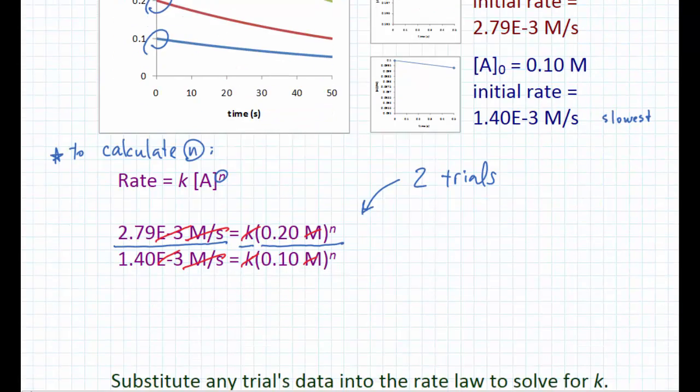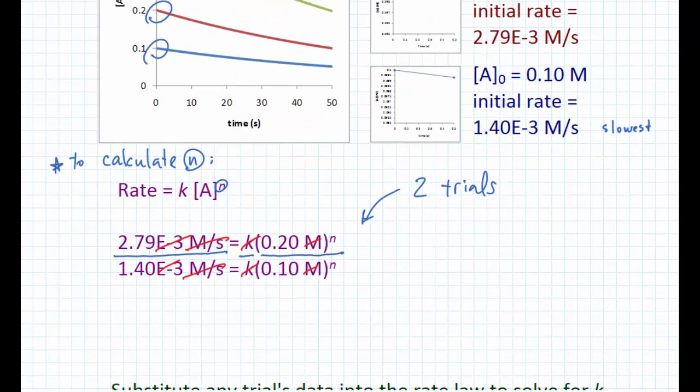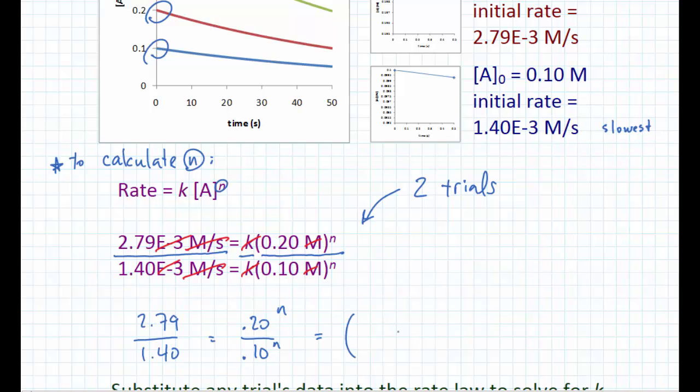So really all we're left with is the numbers. 2.79 over 1.40 equals 0.20 to the n over 0.10 to the n. And there's a distributive property of exponents like that where we could combine those 2 and just use that one common exponent.